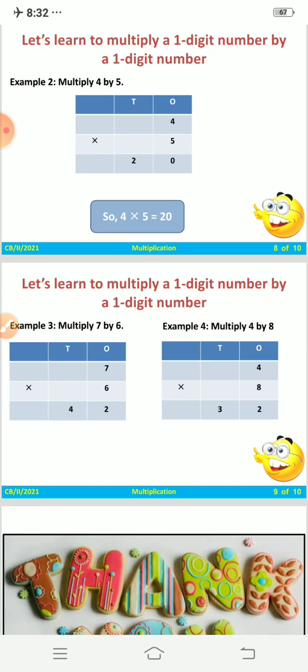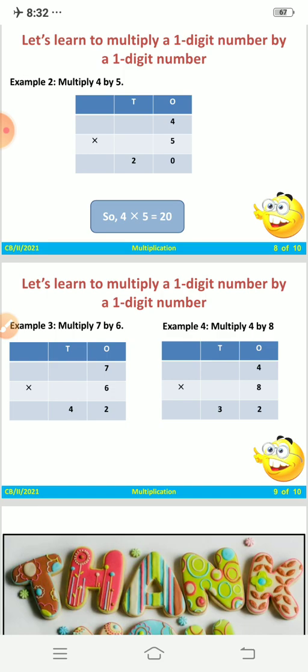Then what will come next? Then 6 fours are 24, 7 fours are 28, 8 fours are 32. Or you can even say 4 eights are 32.